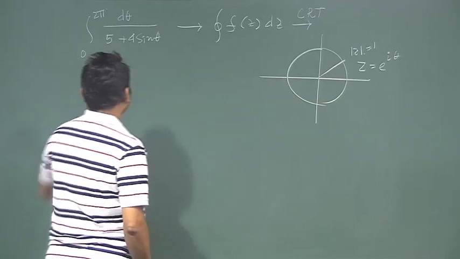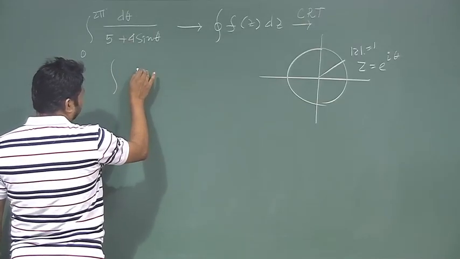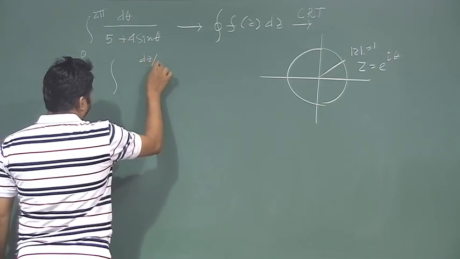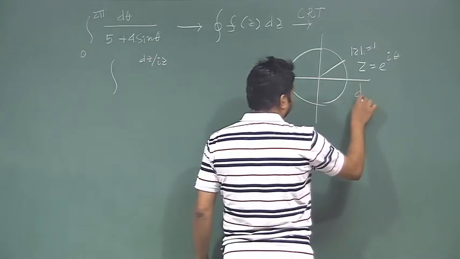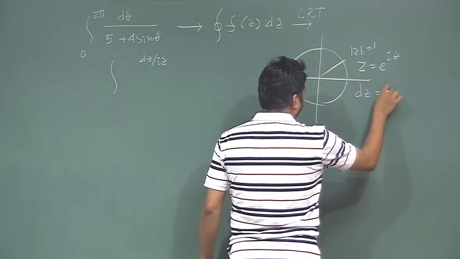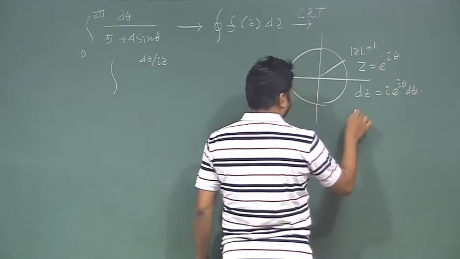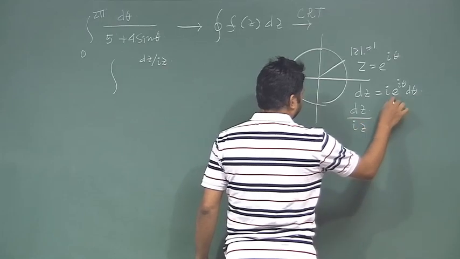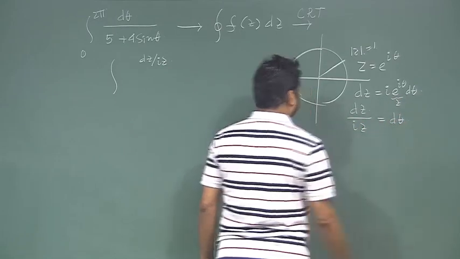So, now in place of d theta, I should put dz divided by iz, because from here dz is equal to i e to the power of i theta d theta. So, dz divided by iz is equal to d theta.